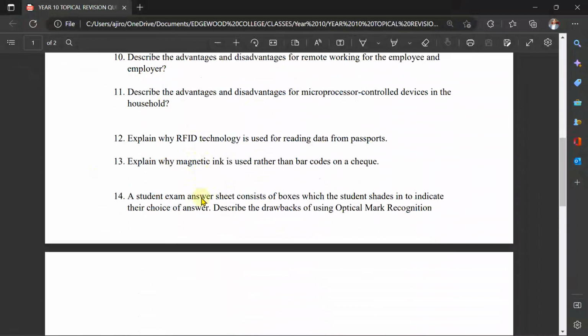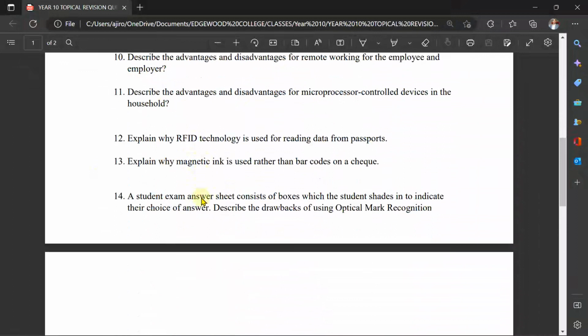Why is magnetic ink used? One, the data in magnetic ink character recognition is human readable, so it's easier to check. You just read the characters, and it's much faster than barcodes.